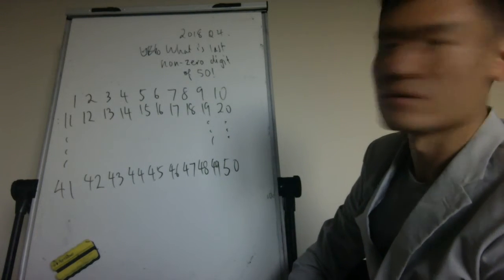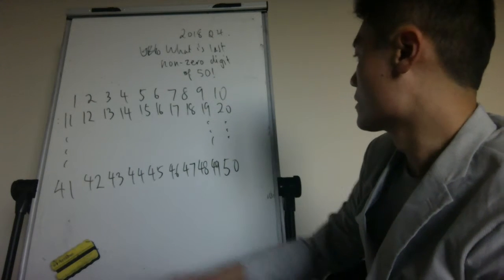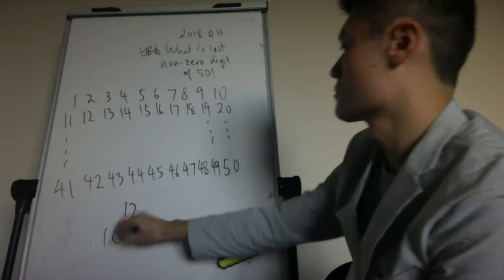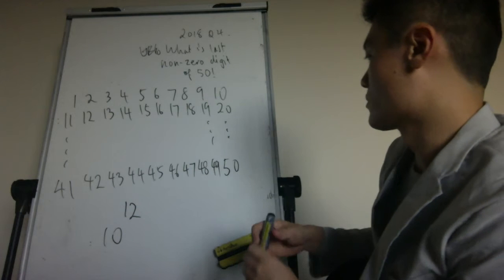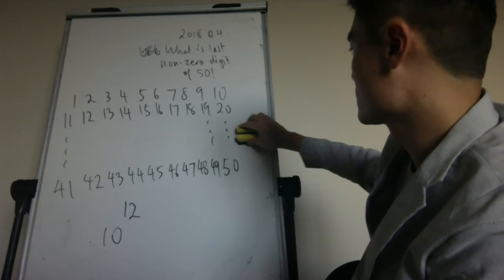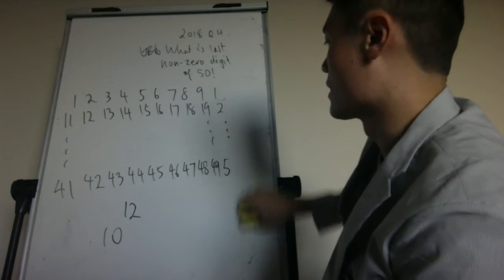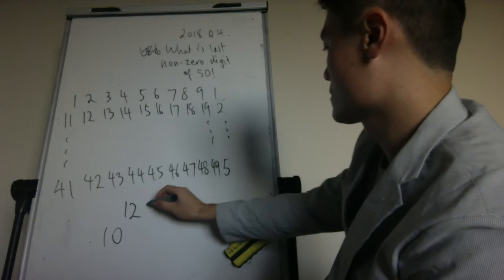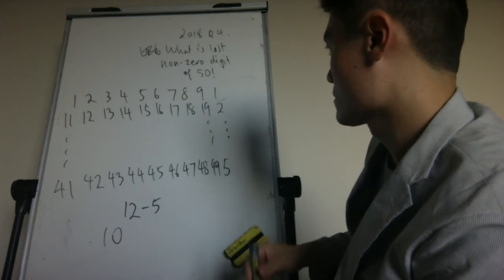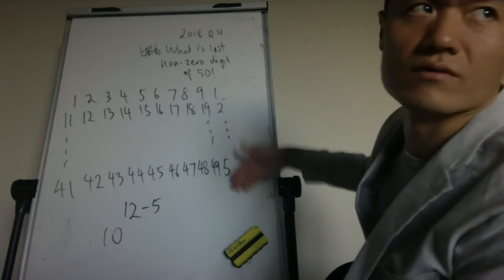Okay, so we want to get rid of all the 5's. We need to get rid of 12 zeros, so we can get rid of maybe 5 of them. If we get rid of 10, 20, 30, 40, 50, we got rid of the 2 and the 5 at the same time.